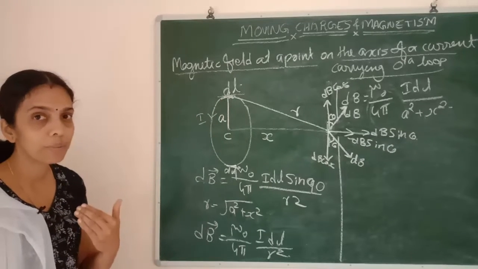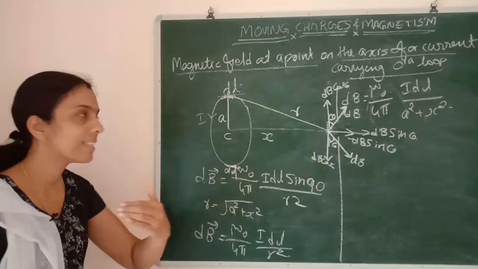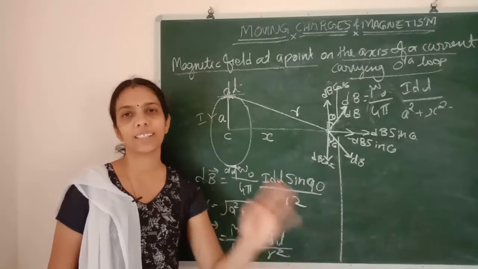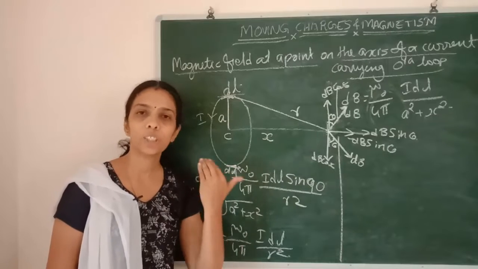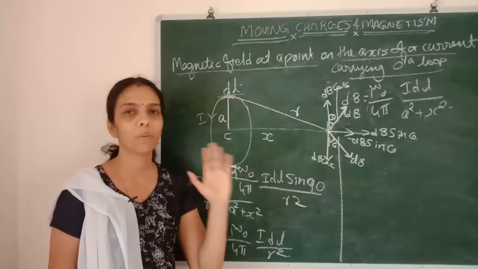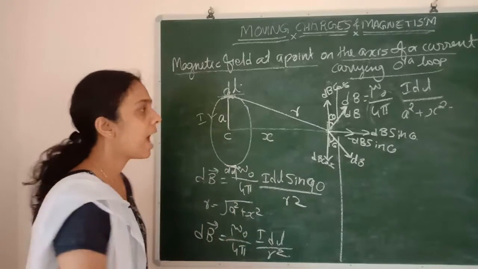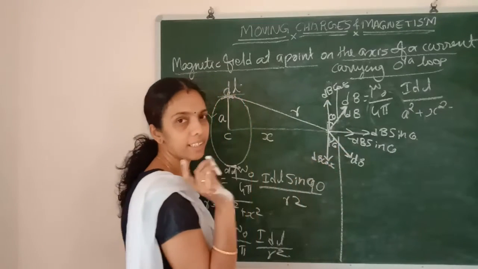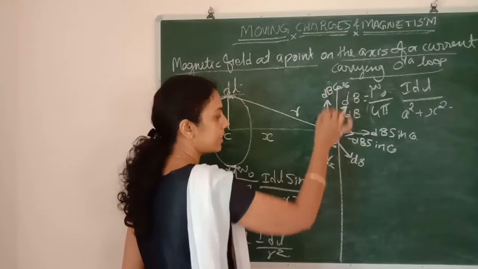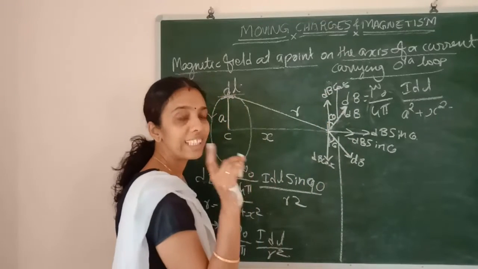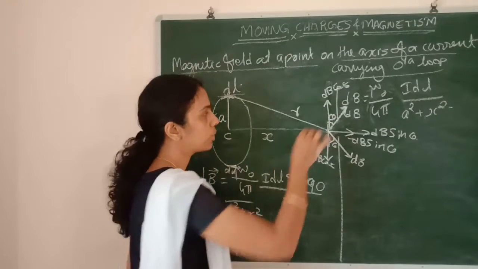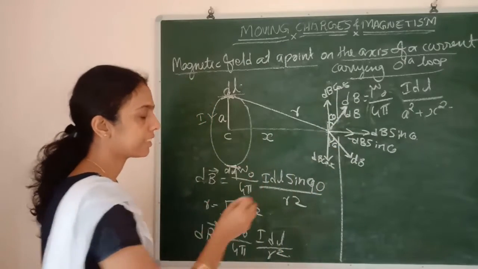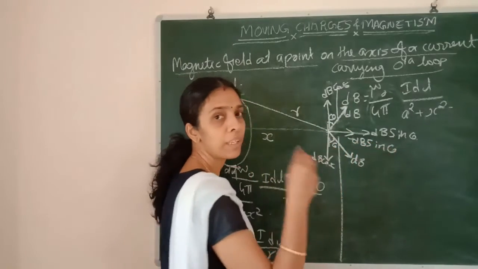What did we understand from this? If we consider the magnetic field at half the portion, and then take twice that, we will get the total magnetic field. And from here we understood that all the cos components are getting cancelled. dB cos theta and dB cos theta are equal and opposite in direction, so they cancel each other. dB cos theta will get cancelled, but dB sin theta will be adding up.